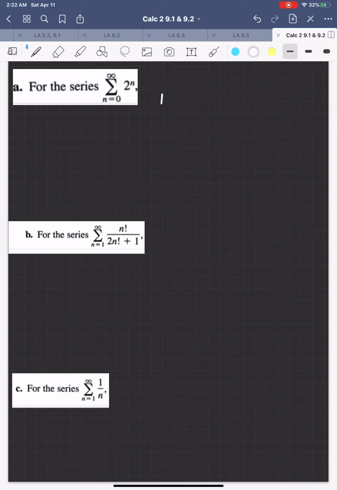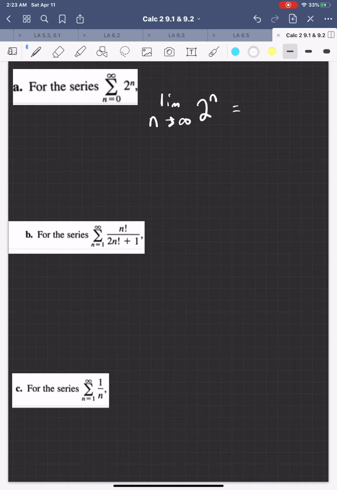And so we want to take the limit as n approaches infinity of 2 to the n. All right, and now look. If this equals anything else than 0, if it equals anything else other than 0, we get to say it diverges.